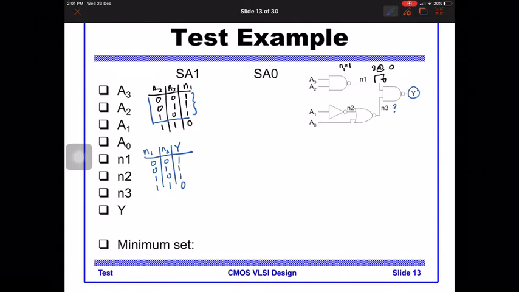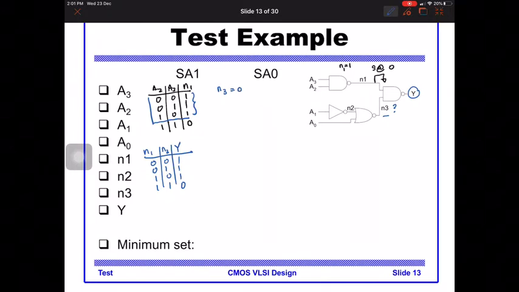In order to do this, you need to propagate the output of N1 to Y. Okay? And in order to do that, we need to control N3. Okay. So let's see for the first case, right? We can choose N3 to be either 0 or 1. So let's try first N3 equals to 0.